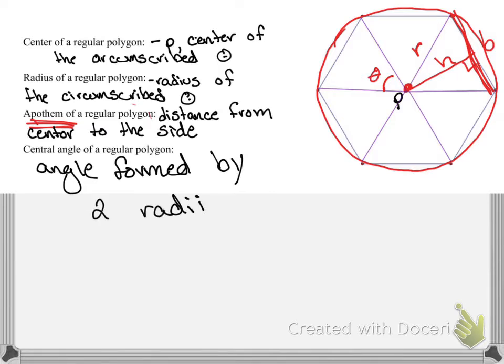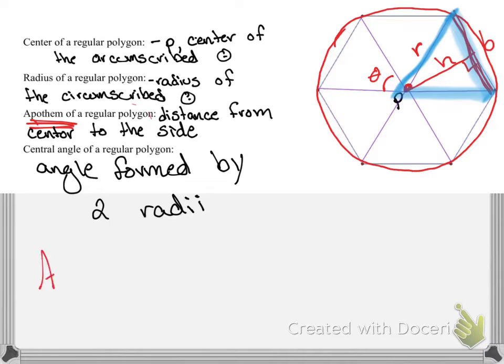So for us to find the area of these, really we're going to break it down into, can I find the area of one of these triangles? Just one of these triangles. Take one of these triangles, find its area, and then multiply times the number of triangles that we have.